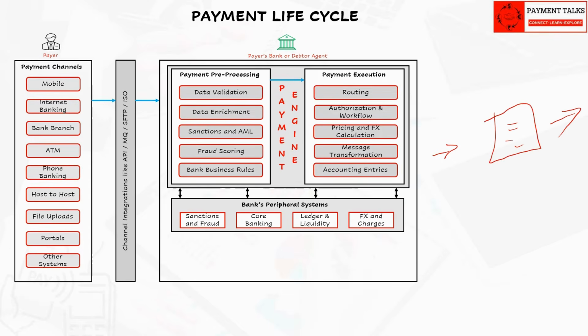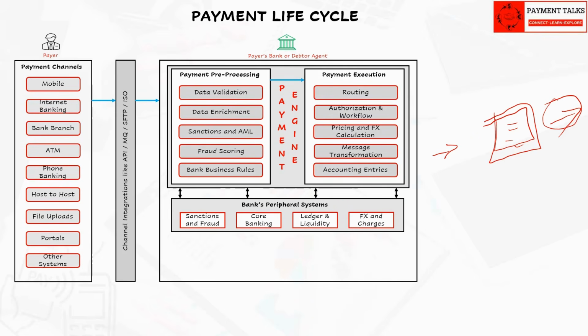Even the UI screens of the payment engines are made based on these internal formats. The external message formats, whatever format they are, are first converted into this internal format, then processed, and then converted back into the desired external format.